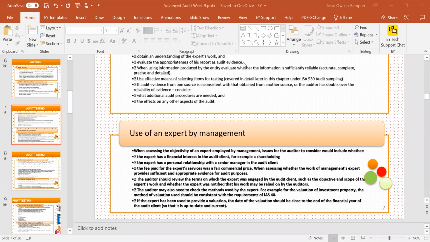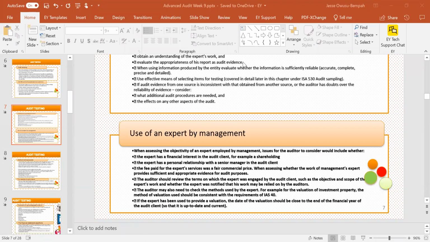The auditor also may have to check the methods used by the expert. So how do you check? For example, for the valuation of an investment property, what the auditor is doing is checking the accounting side of the work that the valuer has done. All of us know IAS 40.